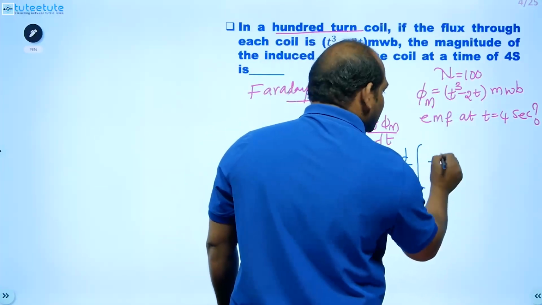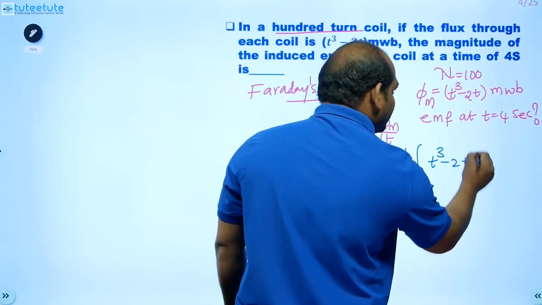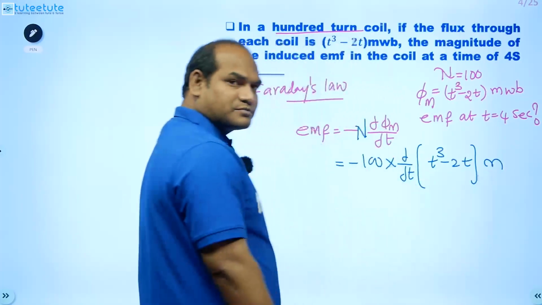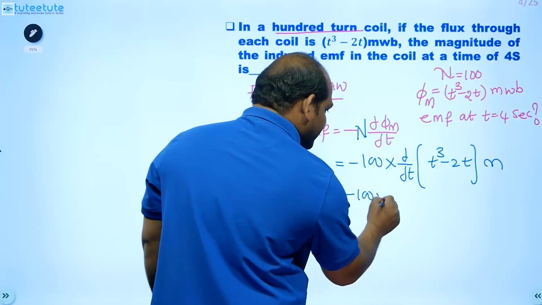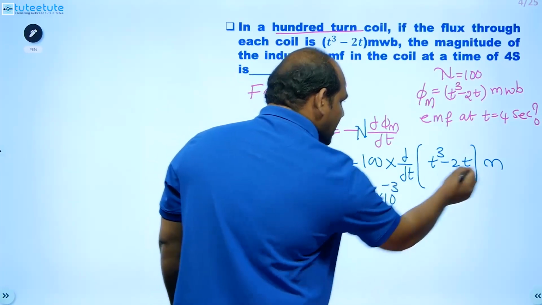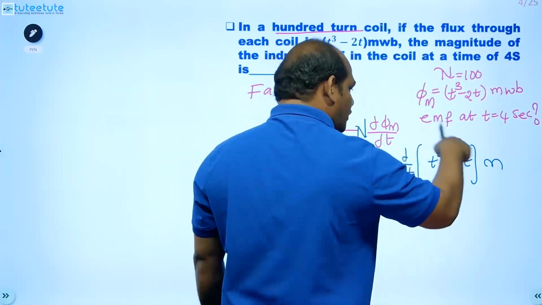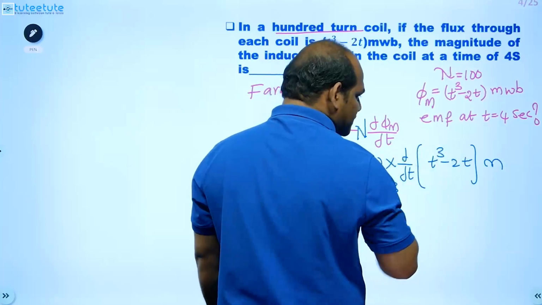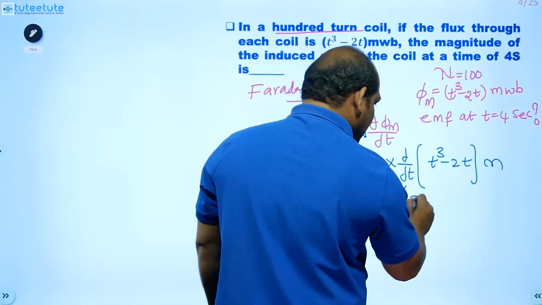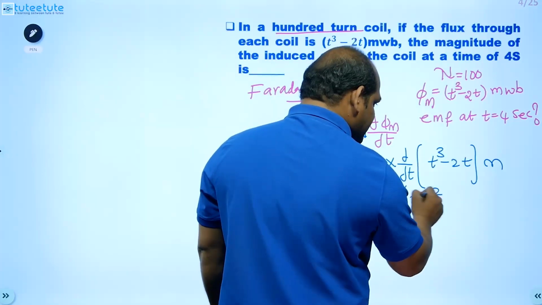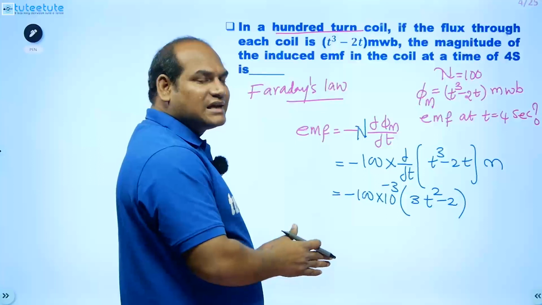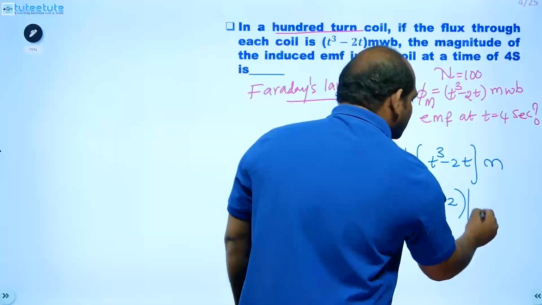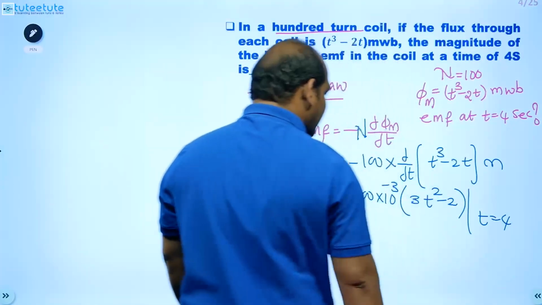Phi m is nothing but t cube minus 2t milliwebers. Milli means 10 power minus 3. So I am writing minus 100 into 10 power minus 3. Now I perform the differentiation of this function with respect to t. I will get 3t square minus 2. But it is to be calculated at t equal to 4 seconds, so apply that.